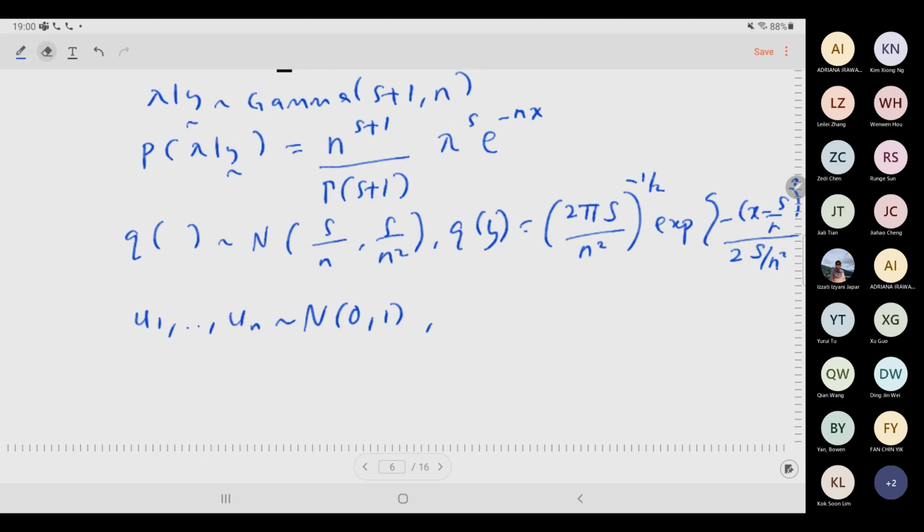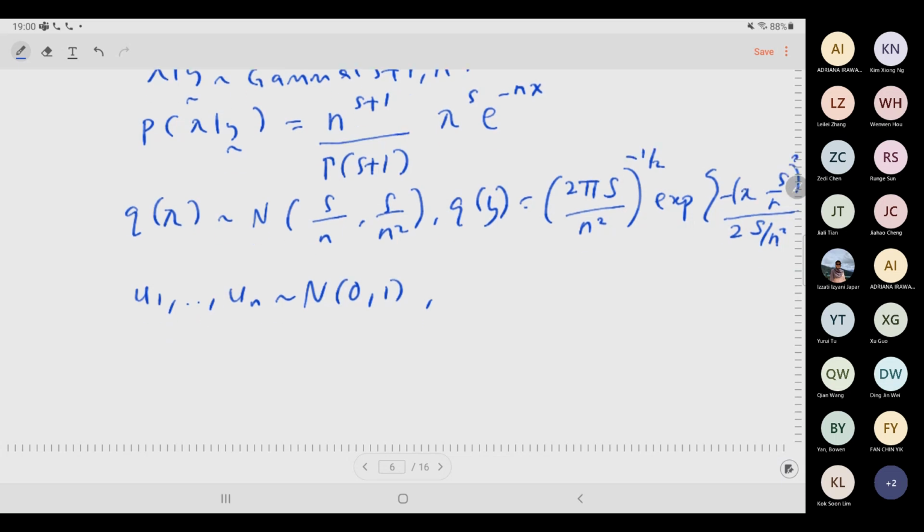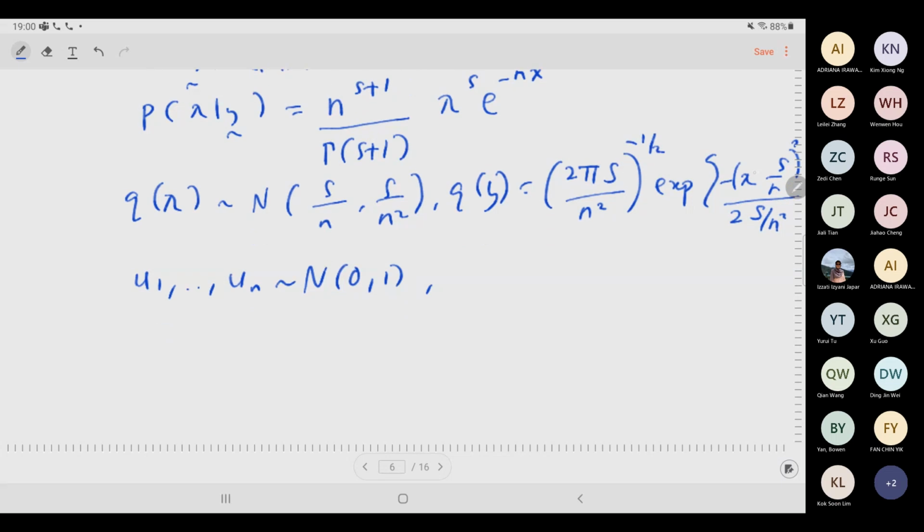We want to generate, so it's actually lambda. I was thinking there's something weird going on. So this is actually your lambda, because we have to generate lambda.